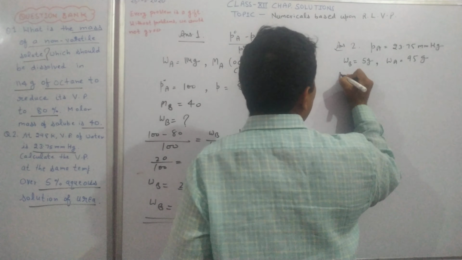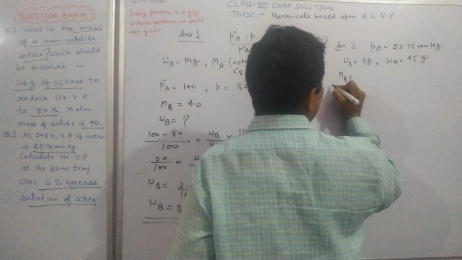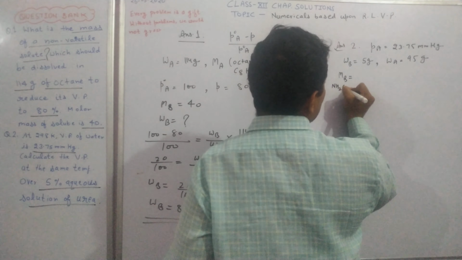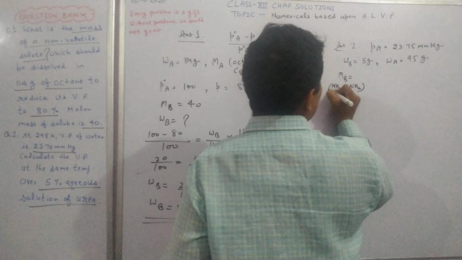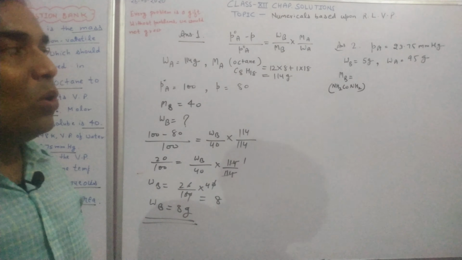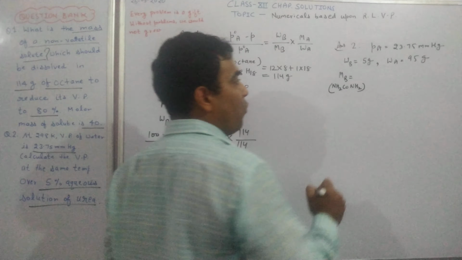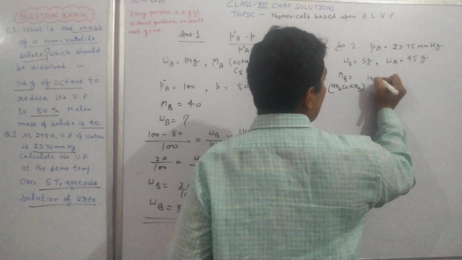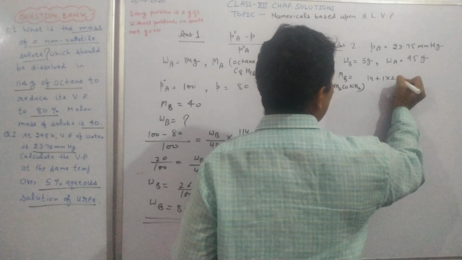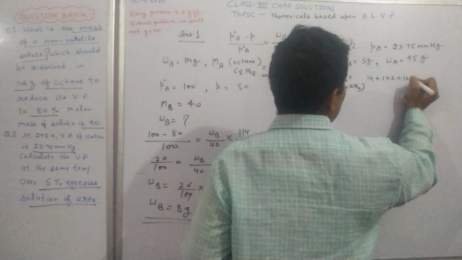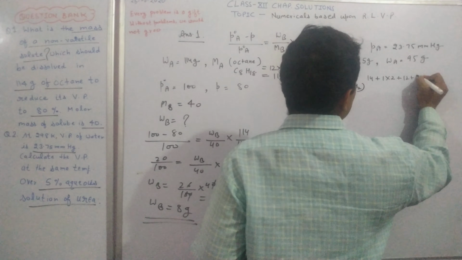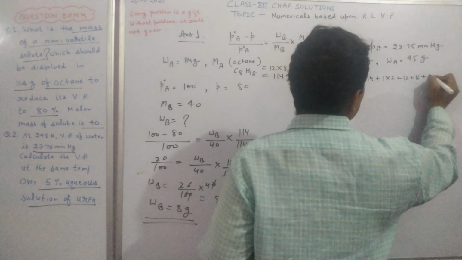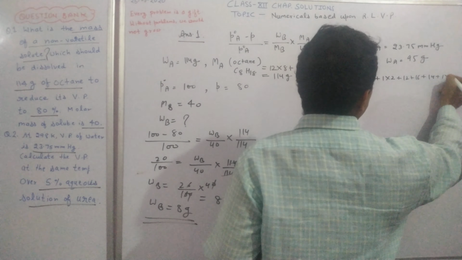And we know mass of urea, that is NH2CONH2. यूरिया का ये फॉर्मूला होता है NH2CONH2. So molar mass of urea will be what? For nitrogen atomic mass is 14 plus hydrogen 1 into 2. For carbon it is 12, for oxygen it is 16, for nitrogen again it is 14, and for hydrogen 1 into 2.